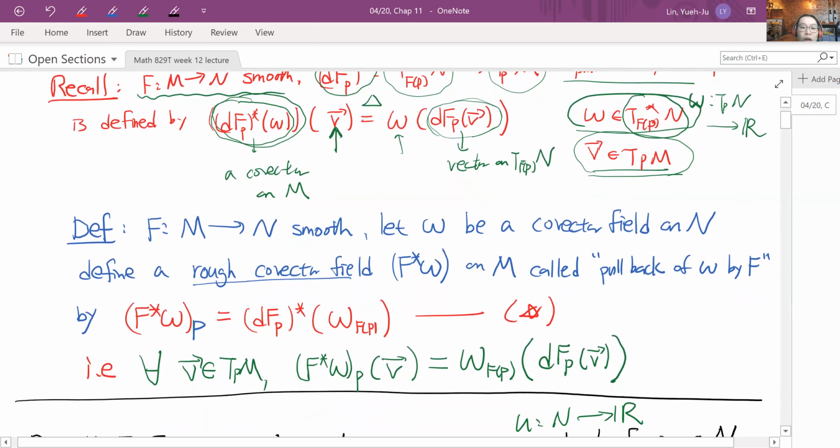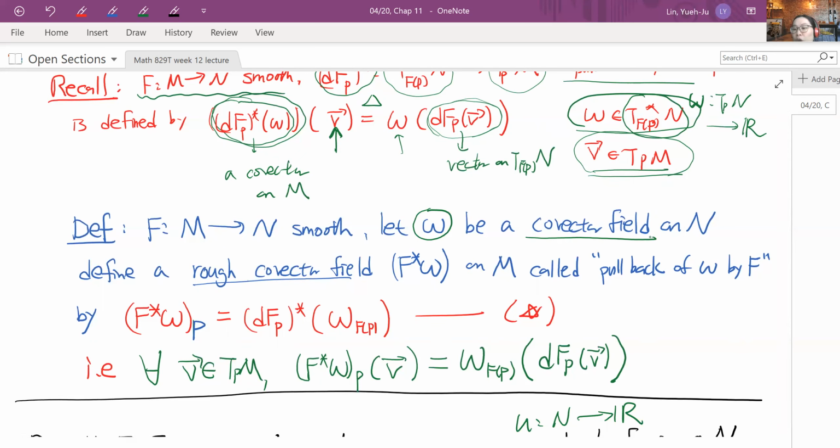So last time we also defined this: let's say you again have a smooth map from M to N. And now this time I'm going to abuse the notation a little bit by calling it the same W, but now it's a covector field. So when you evaluate at a point, it will be a covector.